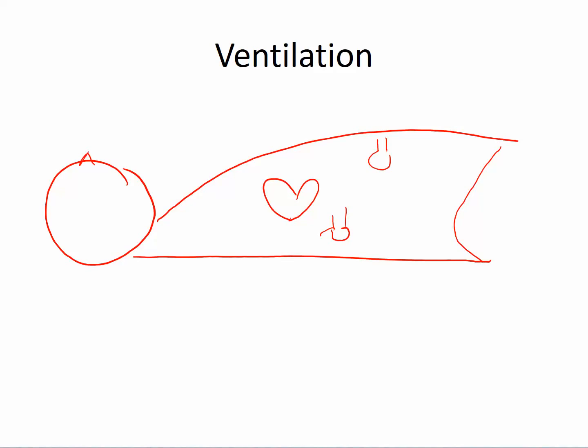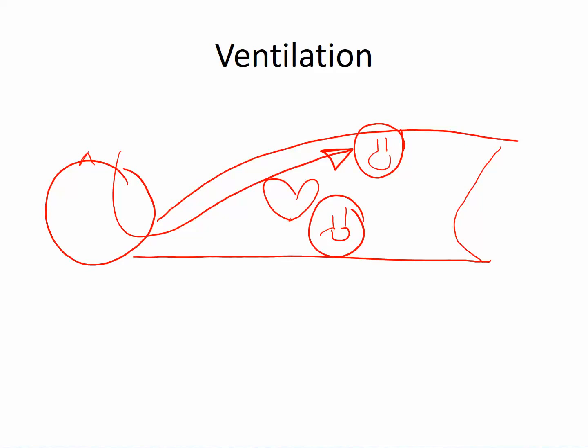The end result is that the compliance of these lung units is less than the compliance of these lung units. And in this circumstance, then, ventilation is preferentially distributed to the non-dependent portion of the lung. So you've got an increase in dead space.